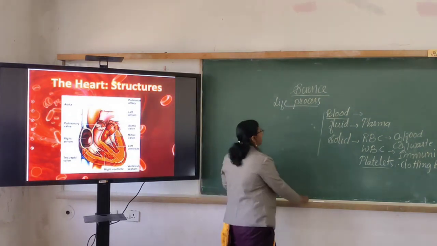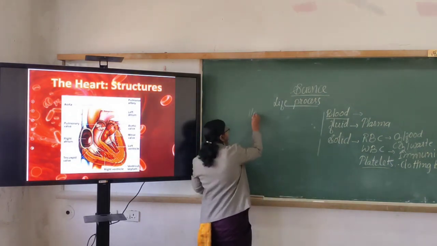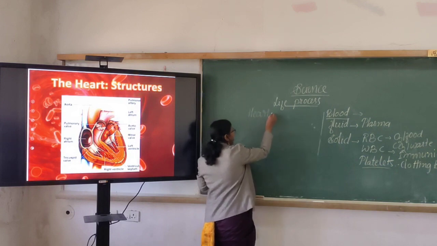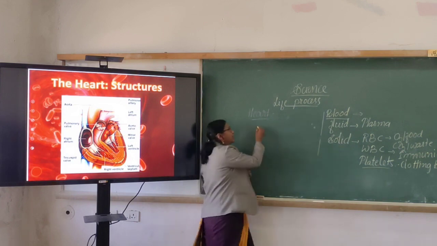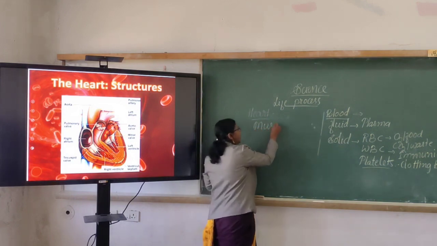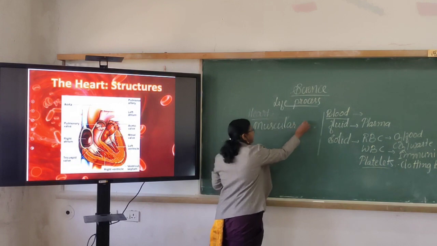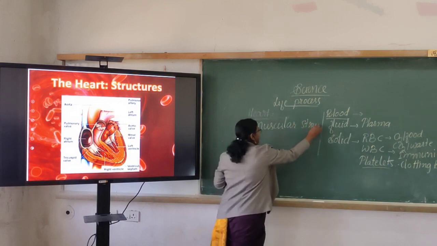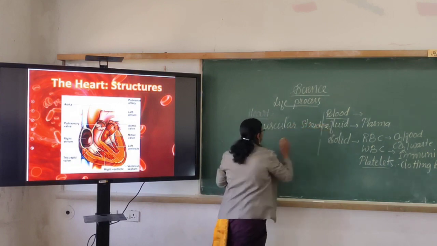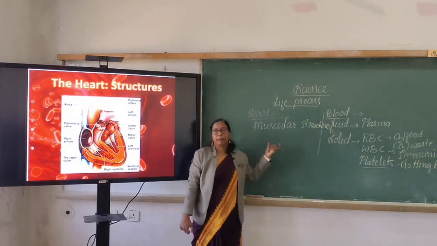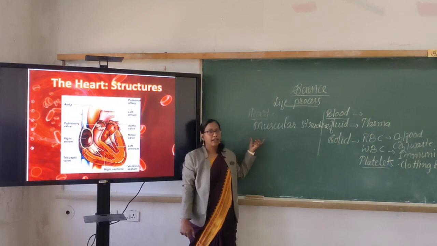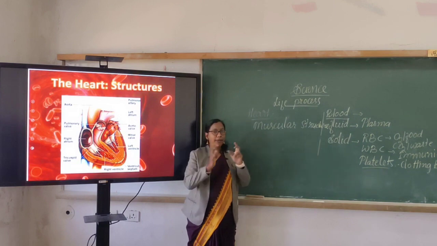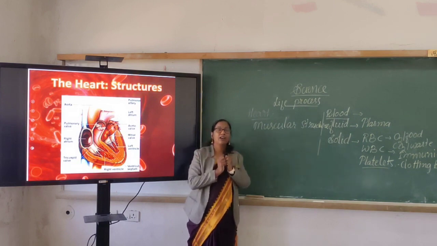Okay, let us understand what the heart is made of. Basically it is a muscular structure made up of cardiac muscles, and these cardiac muscles keep contracting and relaxing constantly.